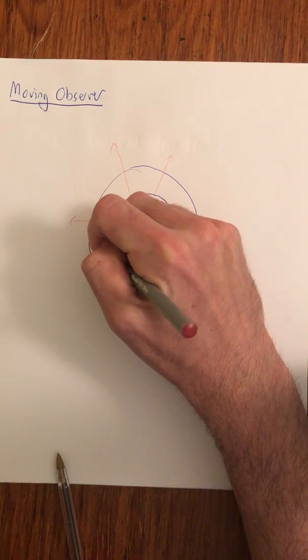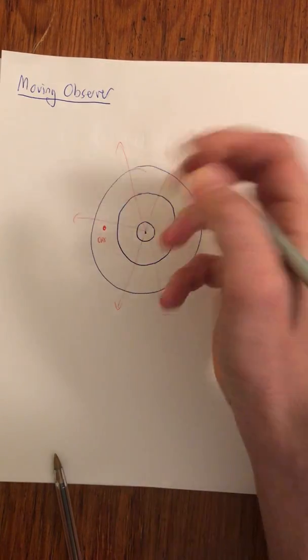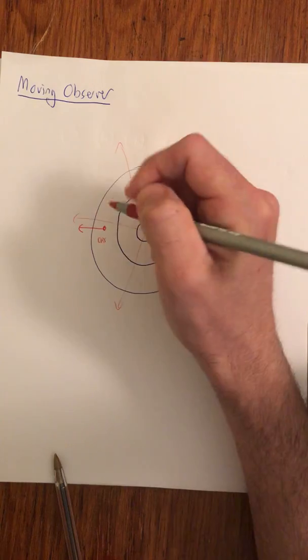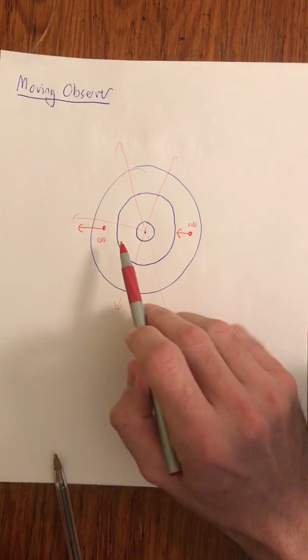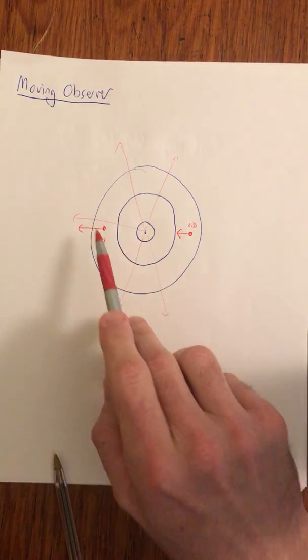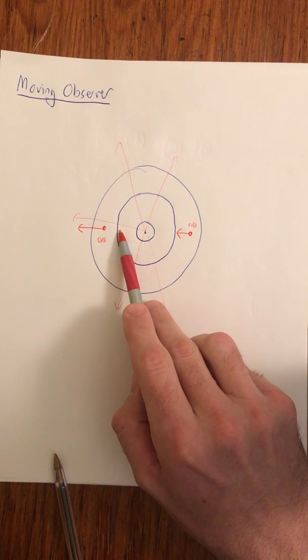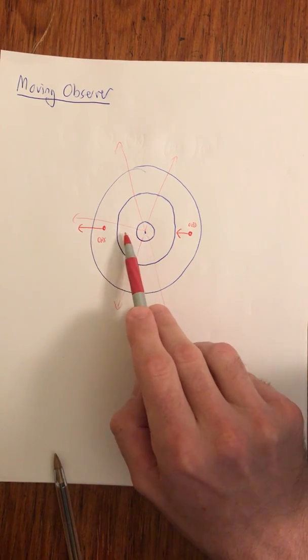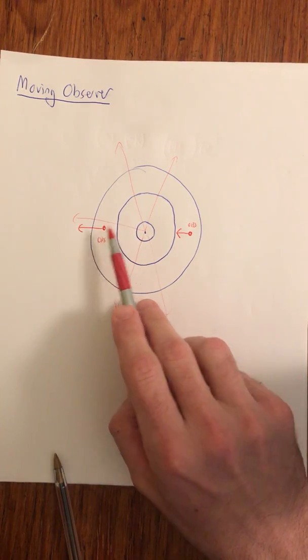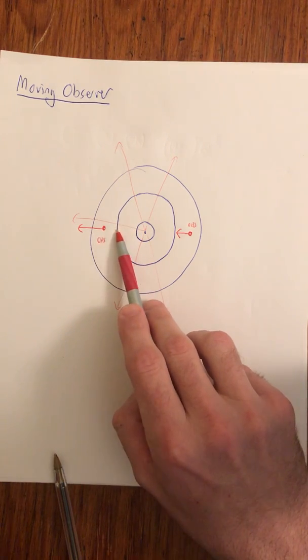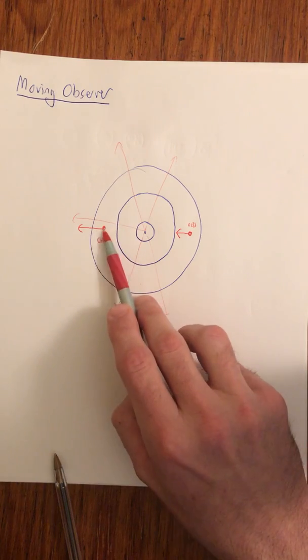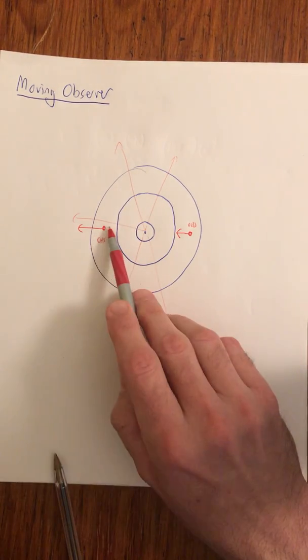Now, if our observer is over here or over here, it doesn't really matter, and is moving away from the source, it's kind of the same argument, but in the reverse. If they were just staying still, they would be getting a certain number of waves per unit time as the waves traveled out, and it takes a certain amount of time, that period, for the wave to get to our observer.